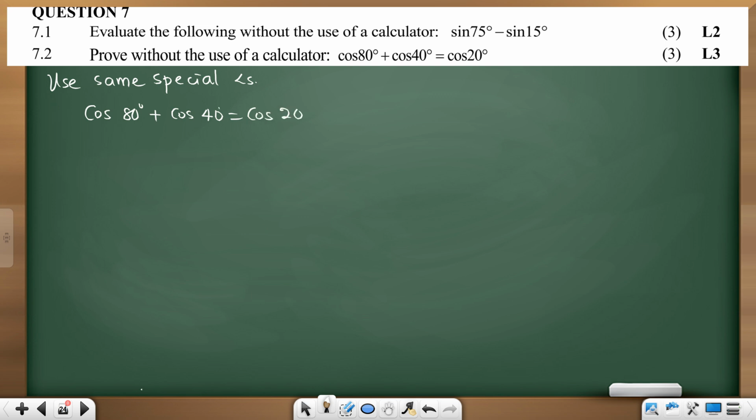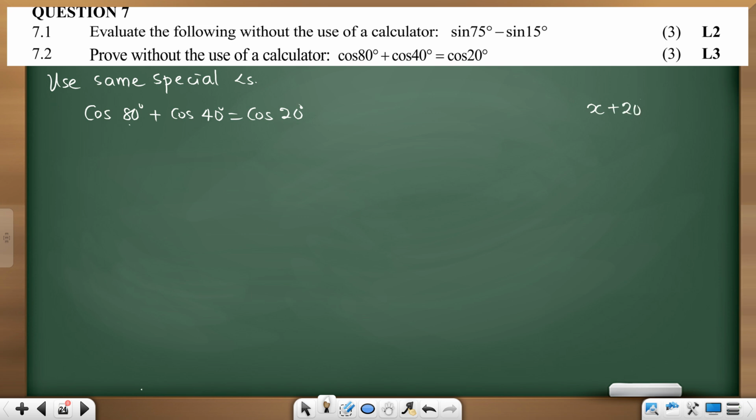My beautiful learners, the whole idea is to use the same angles. Is that okay? They are saying without the use of a calculator. I know that there's a special angle, but there's a 20 involved. I can simply now break up 80 in terms of 20.